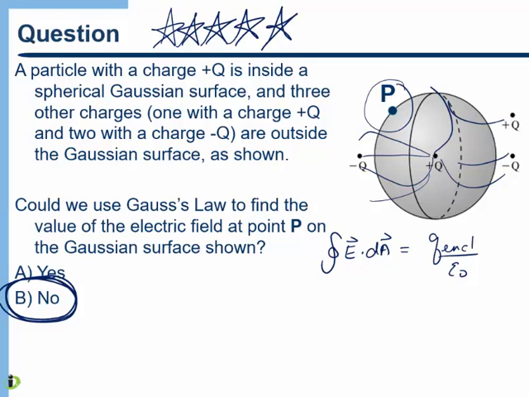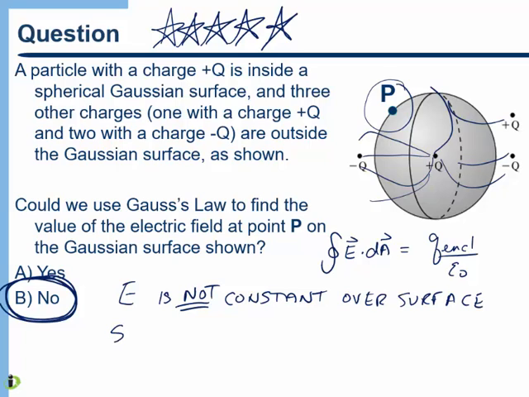So I'll just write this out. E is not constant over the surface. So I can't get E out of the integral. That's the crux of it.